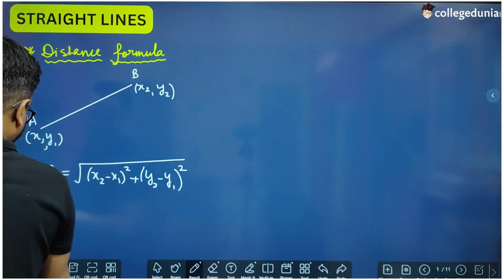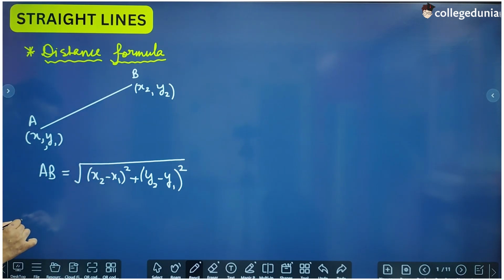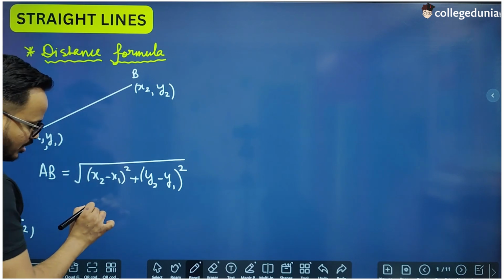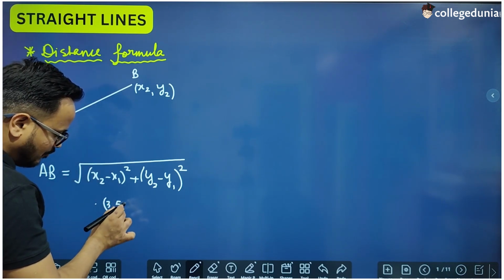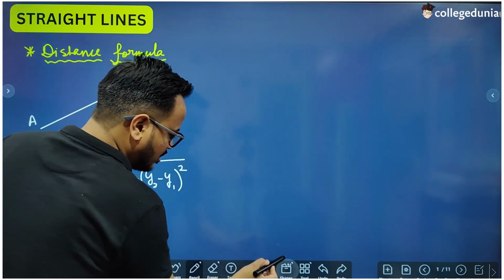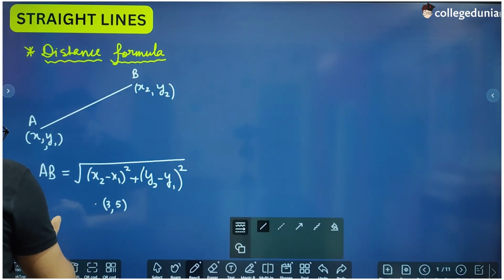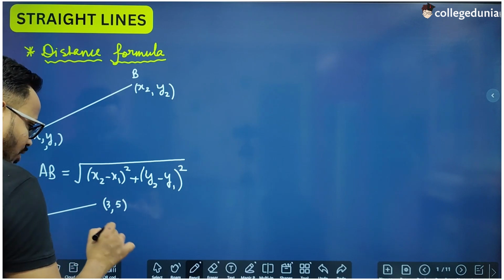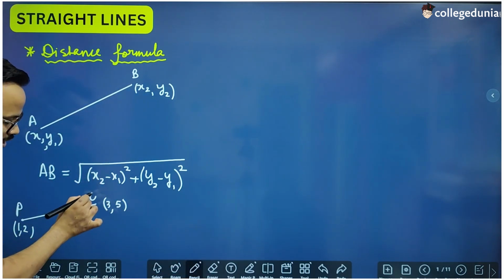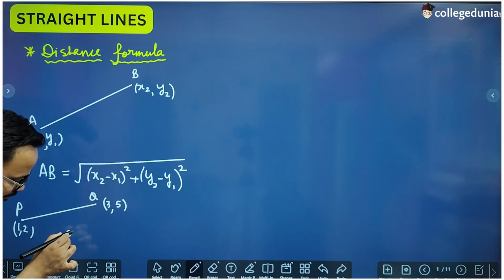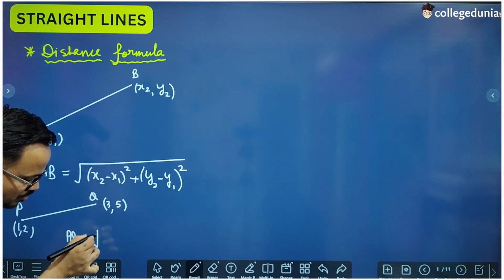For example, let us say that this is a point 1, 2, and here we have another point, suppose 3, 5, and we have to find this distance, right? So let us say this is point P and this is point Q, and we have to find the distance PQ.